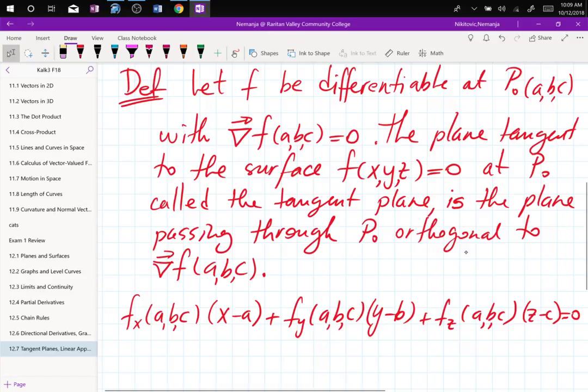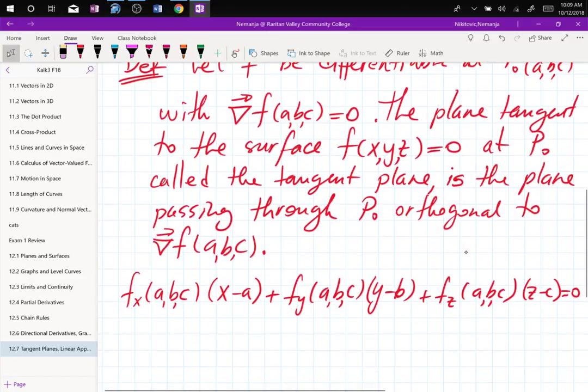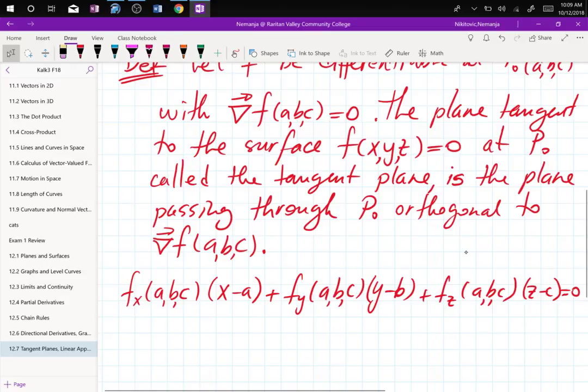This is a lot of writing for something that we can simply express as, let's go with blue, del f at a, b, c dotted with p minus p0, right, which is a vector, equals 0.